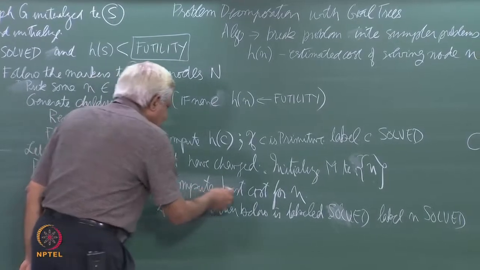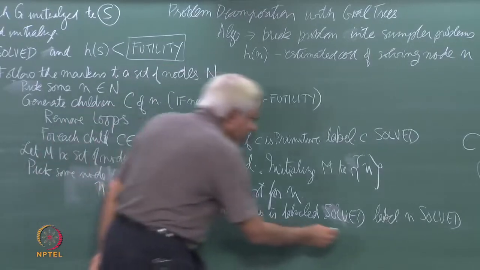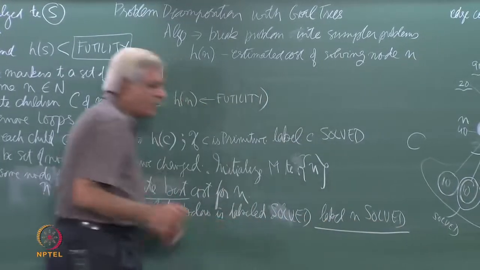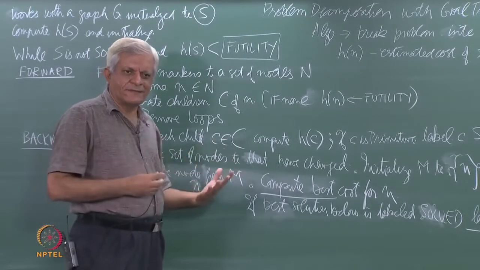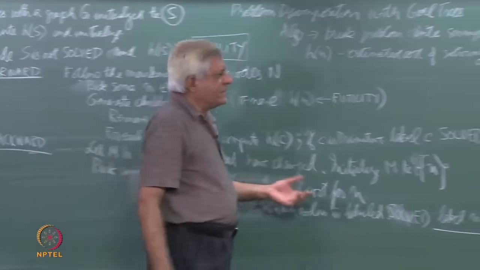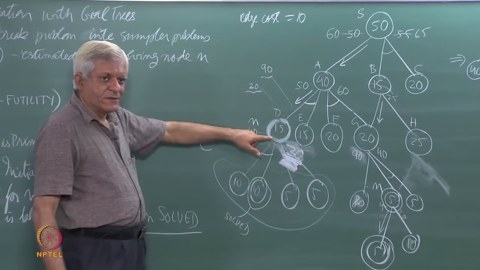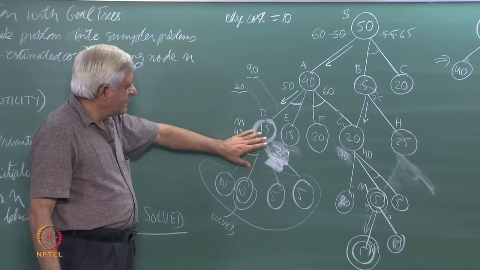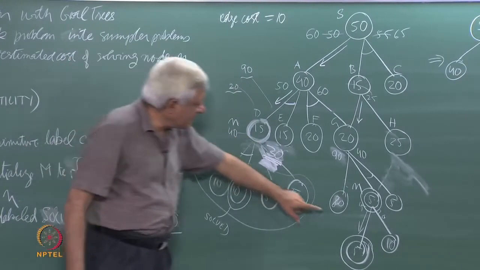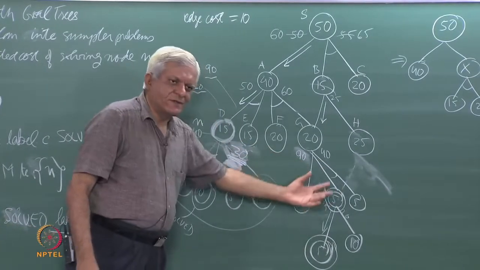So, we have done two things: compute best, and possibly label it solved. If any of these things happens, we will say that node n has changed. In this example, it has changed from 5 to 15, and also it has got a label solved.